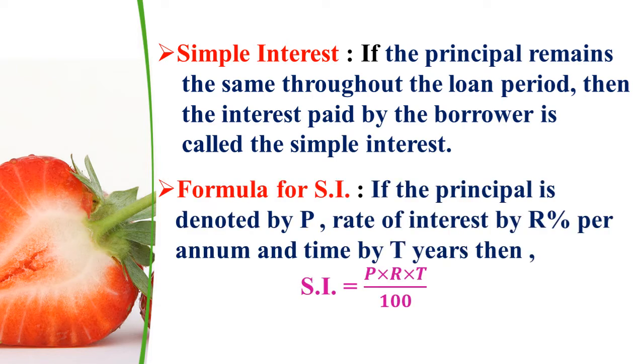Formula for SI: if the principal is denoted by P, rate of interest by R percentage per annum and time by T years, then simple interest equals principal into rate of interest into time by 100. SI equals P into R into T by 100.